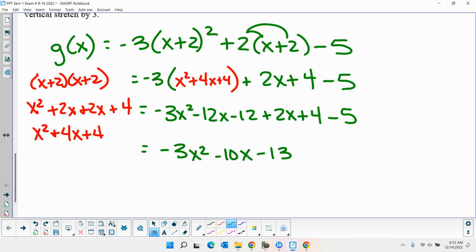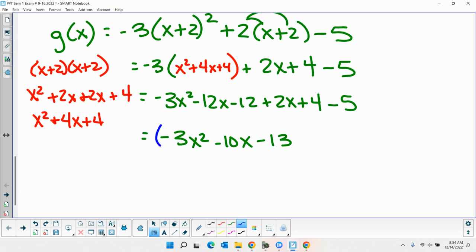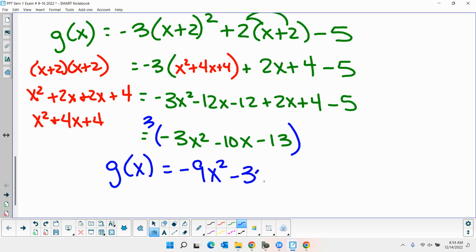Now I've got that part done. Okay. Part 2 is vertical stretch by 3. That means multiply the whole thing by 3. So I'm going to multiply all this by 3. So my answer is negative 9x squared minus 30x minus 39.